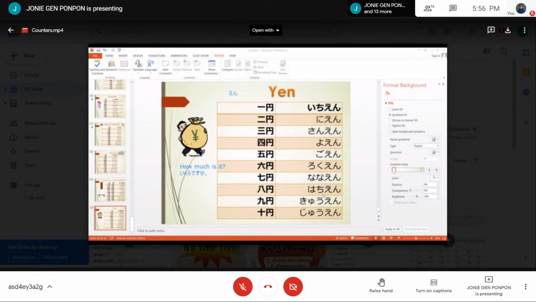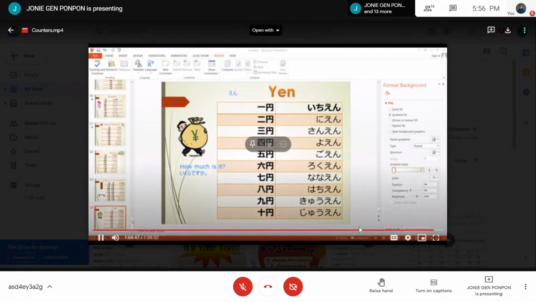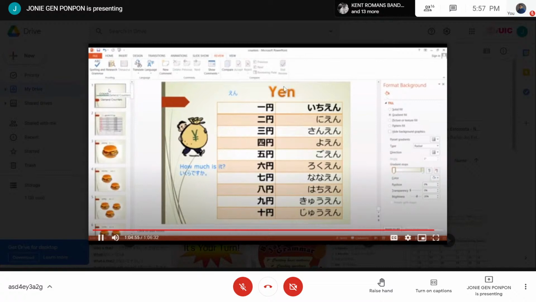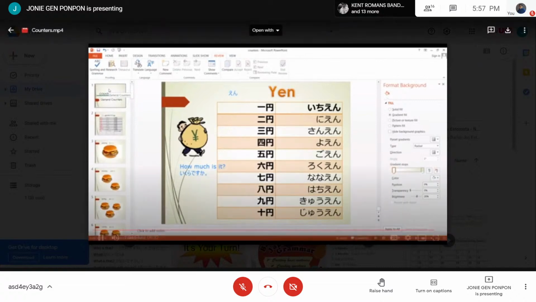Okay, so I guess that's all for the counters. I hope you learned a lot. Iba sa English. English and Japanese are very different. English is just piece or pieces, or let's say people, person. But in Nihongo, every object, every size of an object has a different suffix.